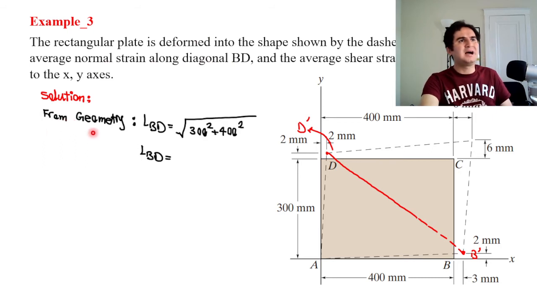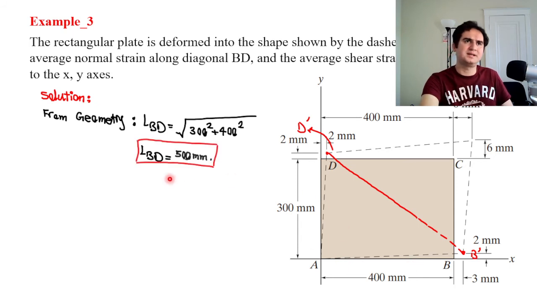So the approach for that is from geometry. The diagonal BD is pretty simple. It's the square root of 300 squared plus 400 squared, which are AD squared plus AB squared, and that's 500 millimeters.